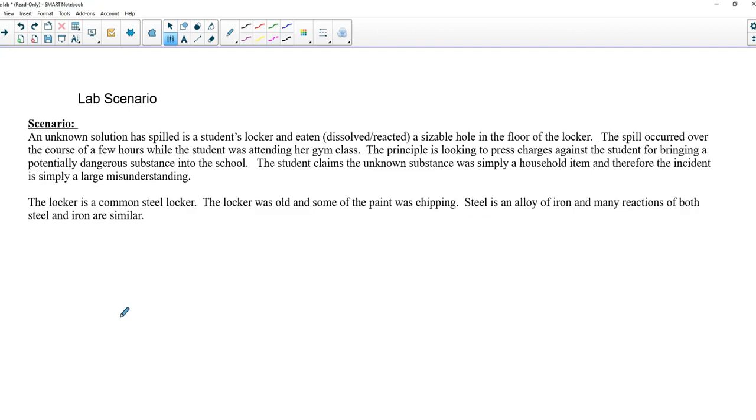So our job here: it does mention that the lockers are basically a steel product. The locker was old and some paint had been chipping away. Steel is an alloy of iron, and many reactions of both steel and iron are similar.